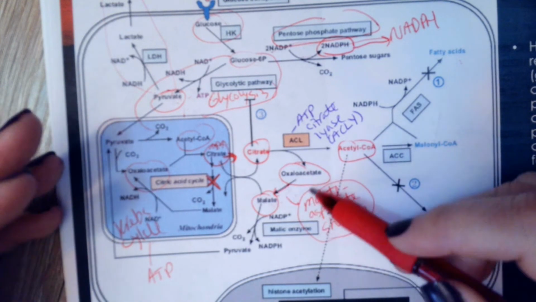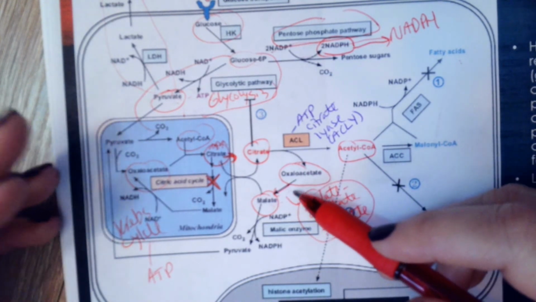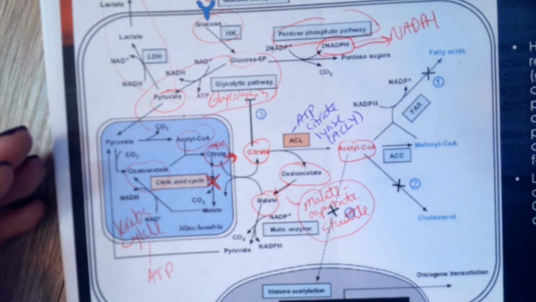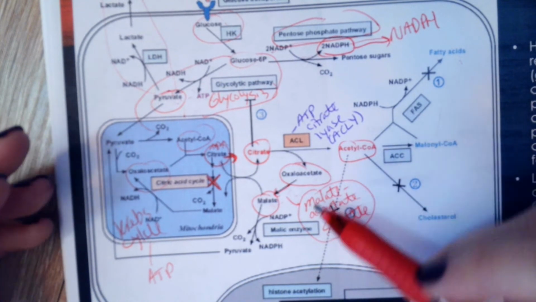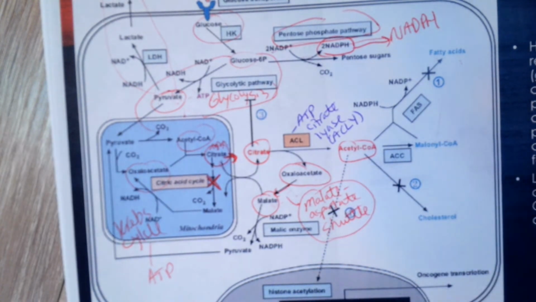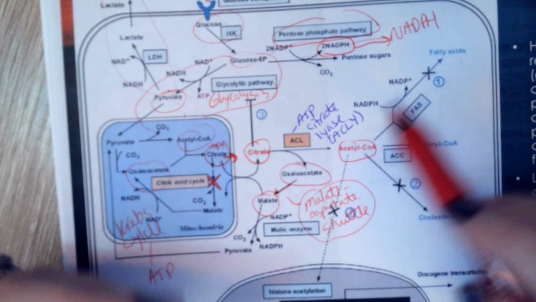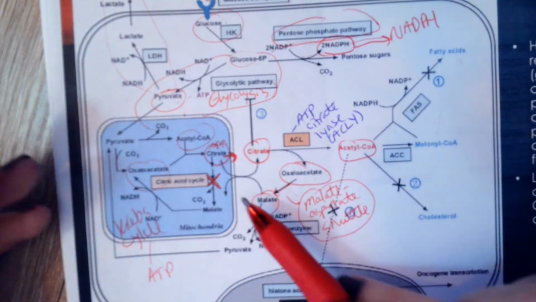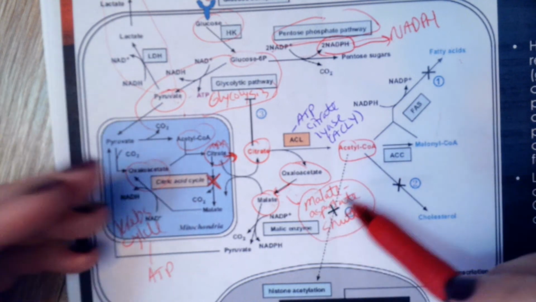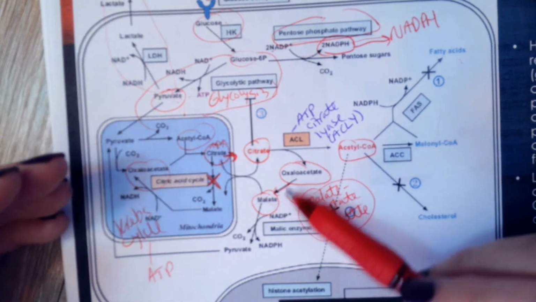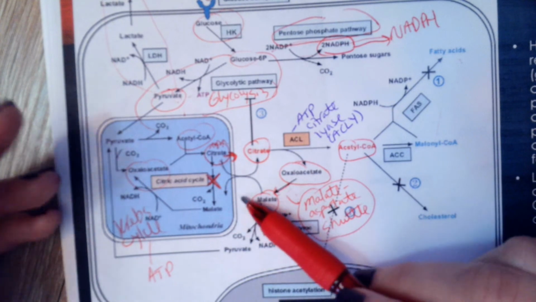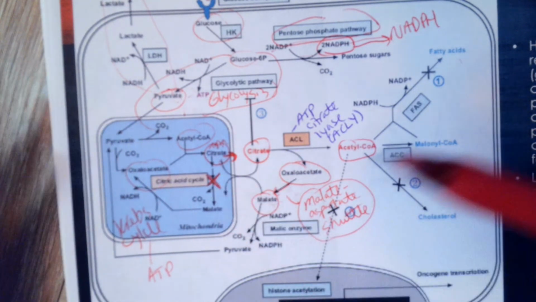So oxaloacetate is just a really key molecule here for kind of switching from one pathway to the other. It's used in the Krebs cycle. It's kind of a byproduct of fatty acid synthesis, so we can go back into the Krebs cycle. Also for the malate aspartate shuttle to get hydrogens and electrons into the mitochondria for the electron transport chain.